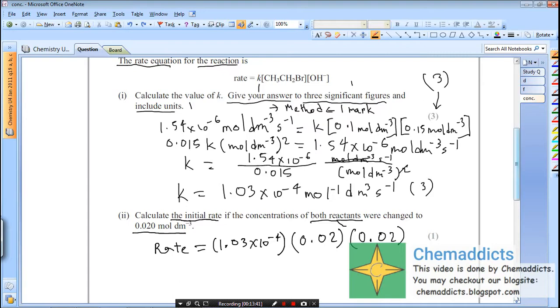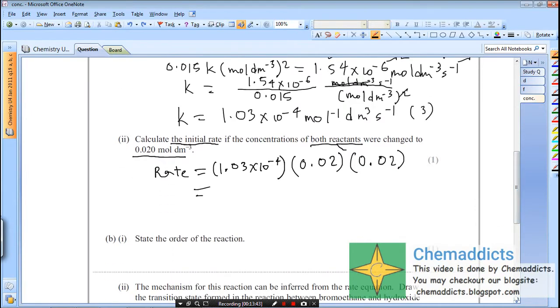If we carry out the calculation, we will get the initial rate as 4.11 into 10 to the power minus 8 mole.